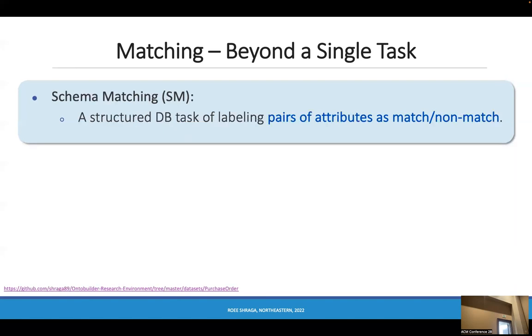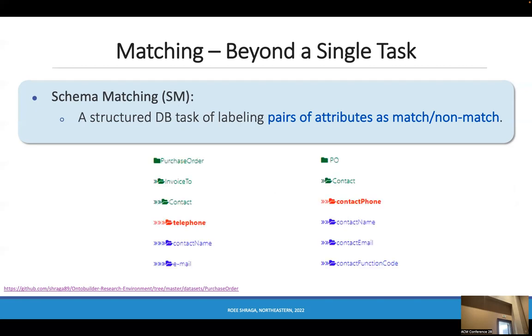The third task that we're going to cover in this work is schema matching. When we talk about schema matching, we talk about the attributes, so more of the metadata perspective. And then usually it's more complex, mainly because of the context.